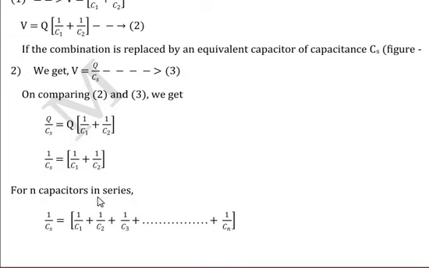So if you have n such capacitors in series, then 1 by Cs is 1 by C1 plus 1 by C2 plus 1 by C3 plus and so on up to 1 by Cn. So we can say that the reciprocal of the effective capacitance of a combination of capacitors in series is equal to the sum of reciprocals of individual capacitances.